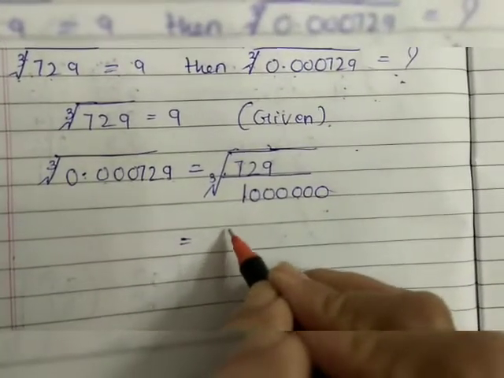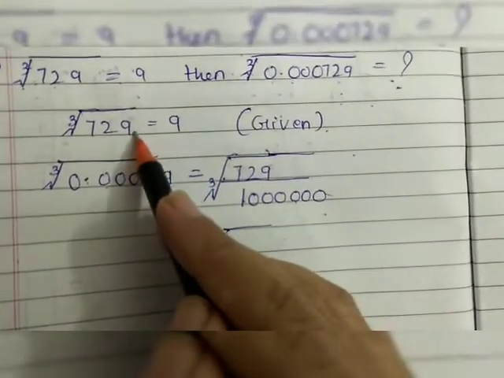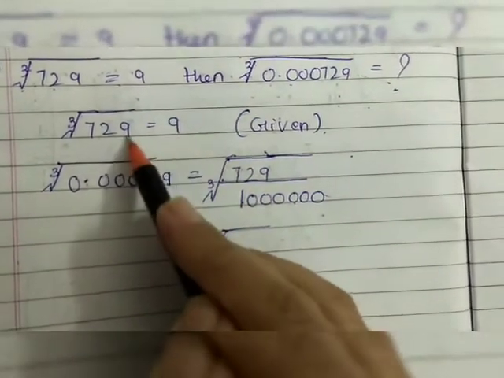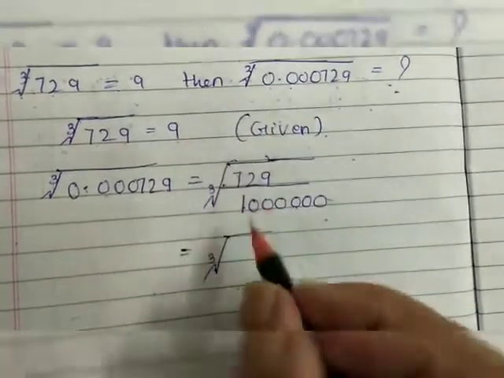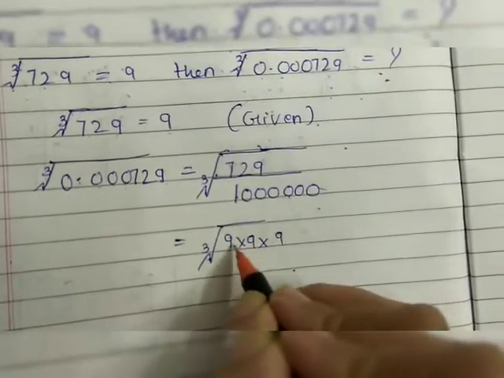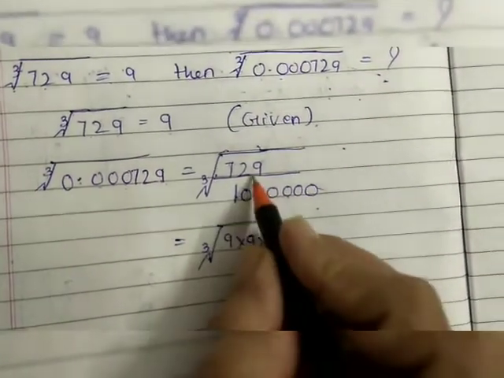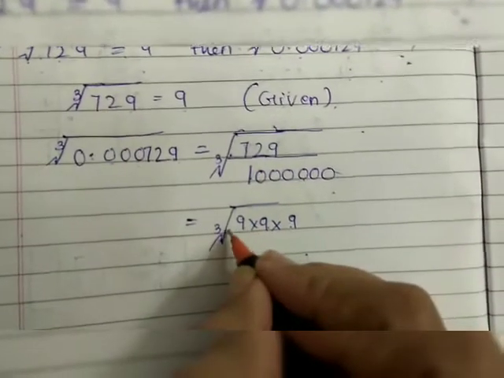Now we can easily find out the factors. As you all know, this was the given information, that is the cube root of this 729 was 9. So we'll write it down here, 9 3 times, because if you multiply this 3 times, 9 into 9 into 9, you will get 729.